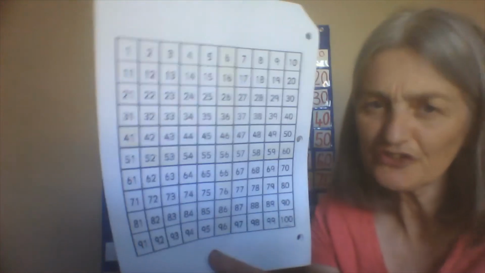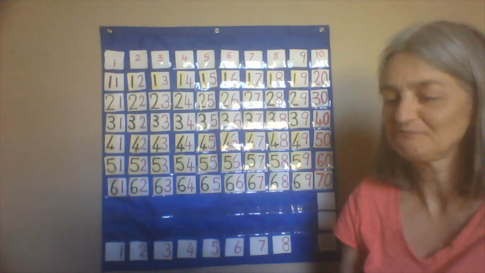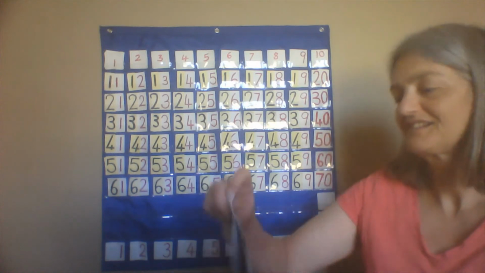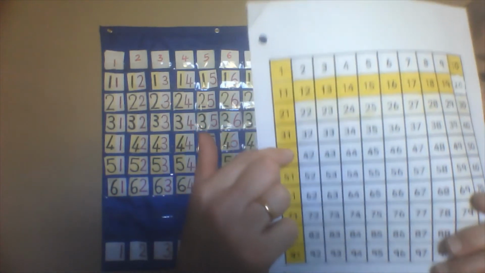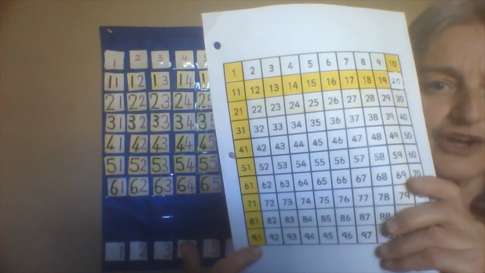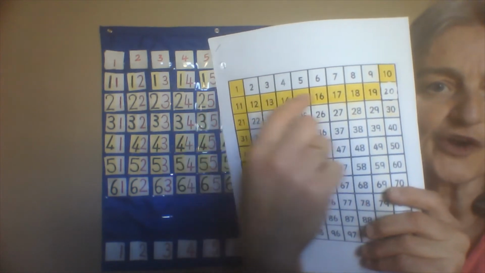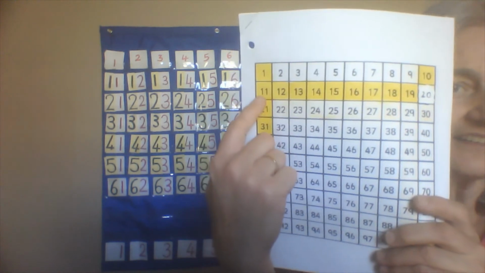I just want to show you one thing. See where the long column and the row meet right here on the 1s page? It's a 1 and a 1, double 1, 11, right?